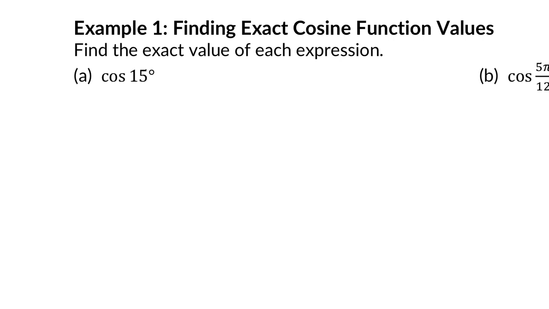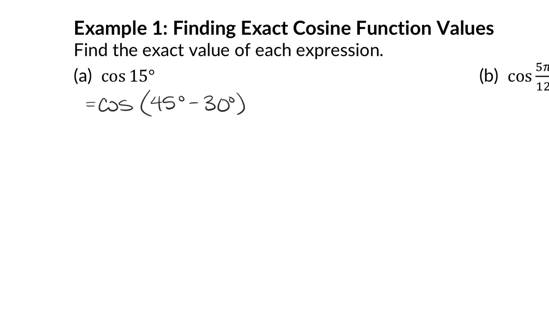Yeah, by doing what? 60 minus 45 or 45 minus 30, doesn't matter. Both of them will work. I'm going to do 45 minus 30 just because that's what I have written on my paper. So we can say the cosine of 15 degrees would be the exact same as the cosine of 45 degrees minus 30 degrees because 45 minus 30 is 15.